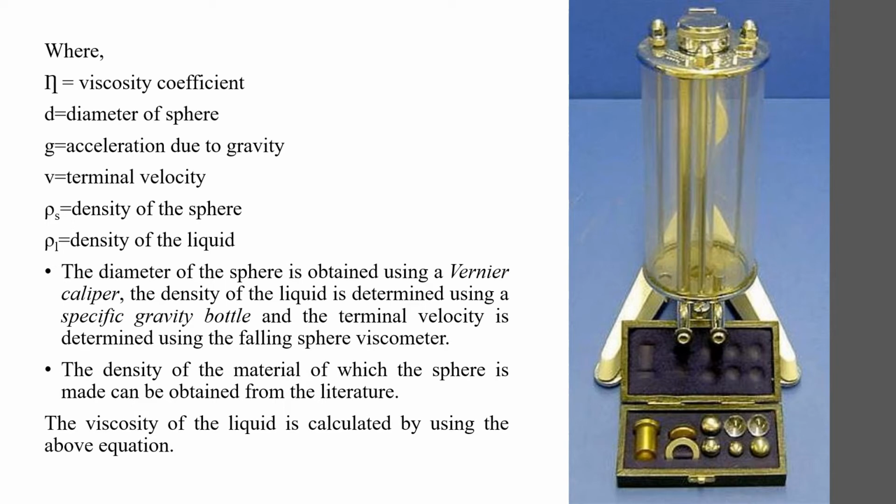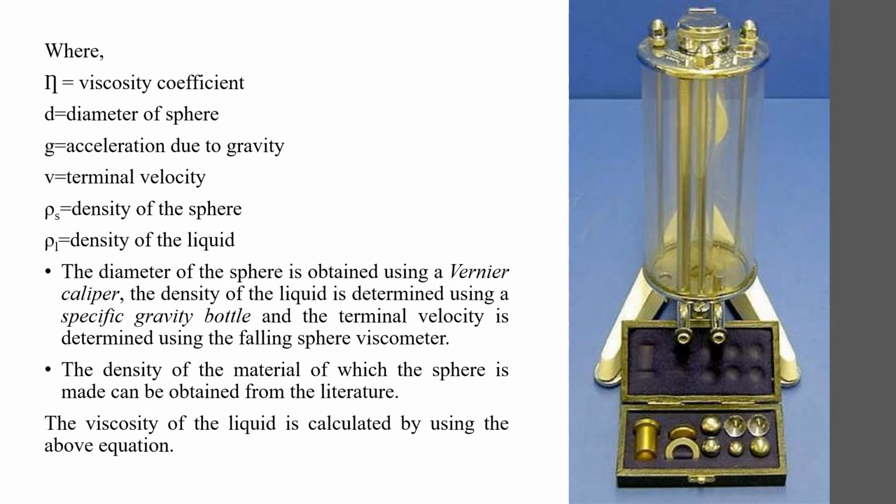Now here we need to make sure of the time taken for the sphere to fall between 2 points. When you look clearly, we'll have 2 marks, just like in the previous viscometer. The time taken for a ball to move from one point to the other is noted down. How can we determine velocity from this parameter?